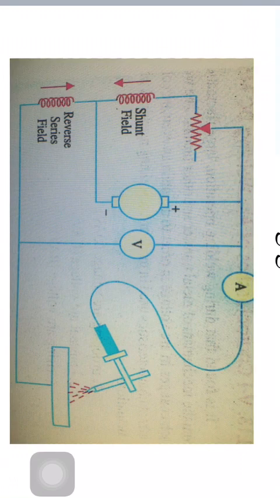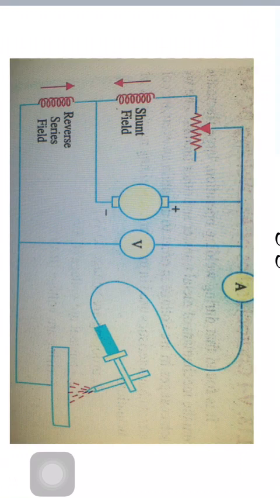The welding plant is a self-contained single operator motor generator set consisting of a reverse series winding DC generator driven by either a DC or an AC motor.